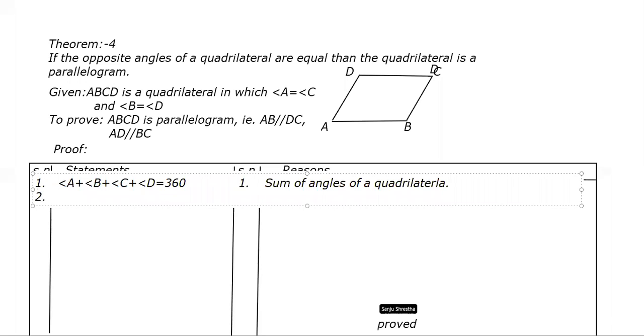Now, in the place of C we can write A because it is given, and in the place of D we can write B. So angle A plus angle B plus angle A plus angle B is 360, because angle A equals angle C and angle B equals angle D.